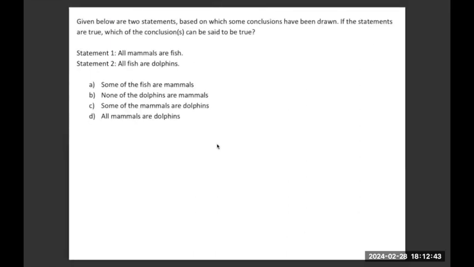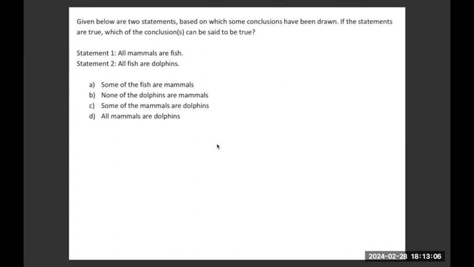Given below are two statements based on which some conclusions are drawn. If the statements are true, which of the conclusions can be said to be true? All mammals are fish, all fish are dolphins.